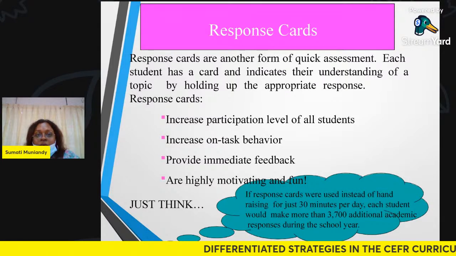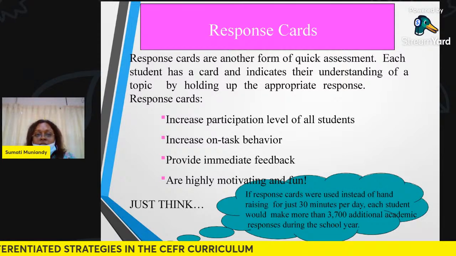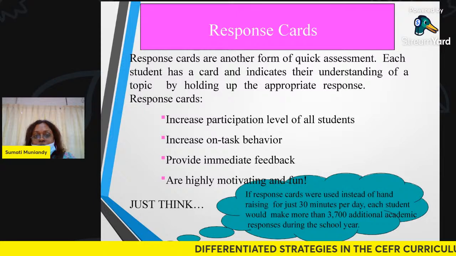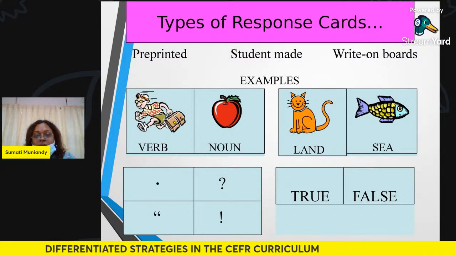Response card. Another quick assessment also. All right. To increase participation level of all students, on task behavior, provide immediate feedback, and they are highly motivated and fun. All right. Okay. These are the things that you can use.